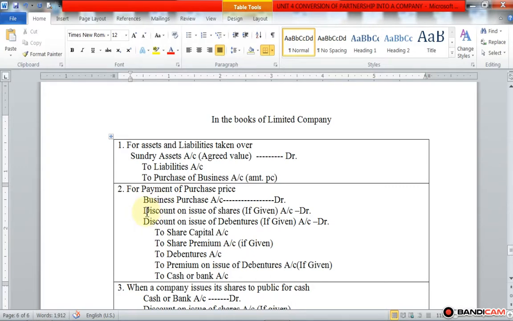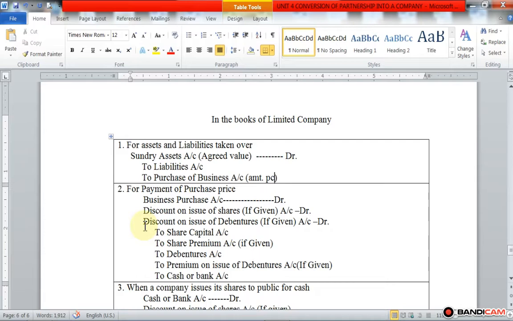Here, if discount on issue of shares is given by the limited company, then we consider it here. If a discount is given on debentures for payment of purchase consideration, the discount on issue of debentures account is also debited here, if given by the limited company to the partnership firm.